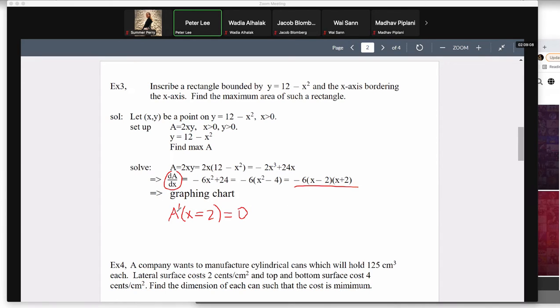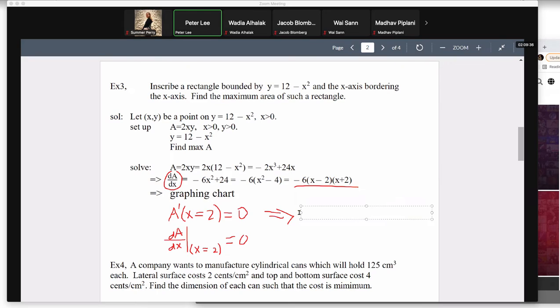And it is okay to write A prime. You can write dA/dx, or you can write A prime if you like, as long as we understand that prime is d/dx in our case. If you put d/dx like this and evaluate at x equals 2 to get 0, it doesn't matter how you write it, either way is acceptable. So now this is the question here: A prime is 0. Therefore, we now write this.